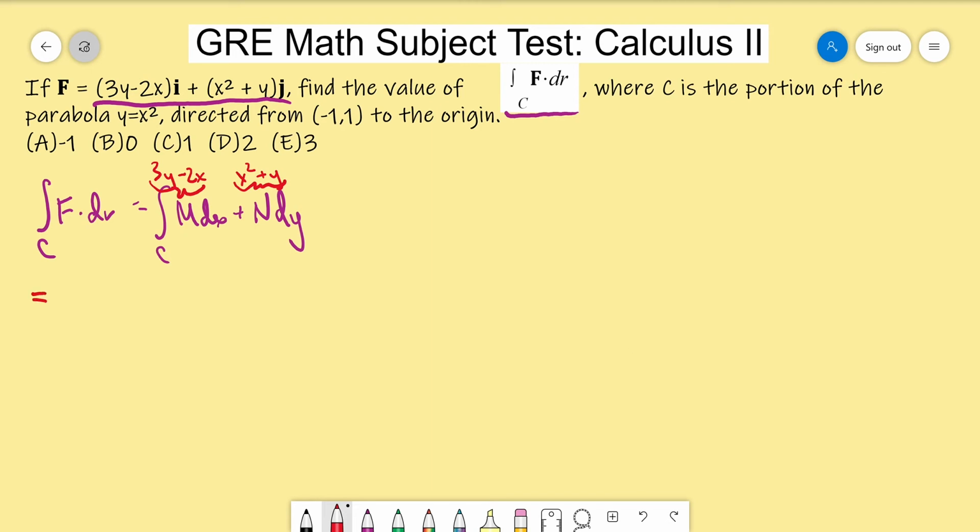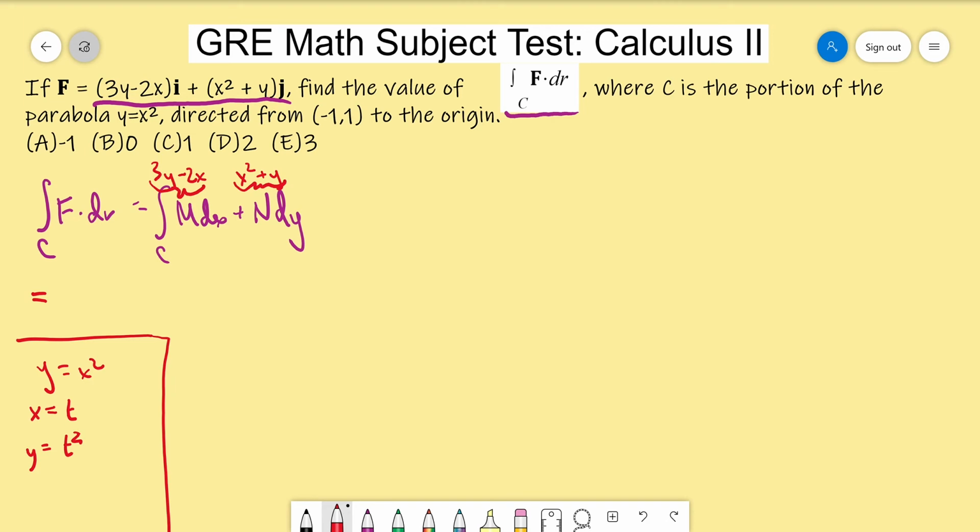How are we going to do that? Well, we have to do a parameterization of our parabola. So y equals x squared. If y equals x squared, let's set x equal to t and y equal to t squared.